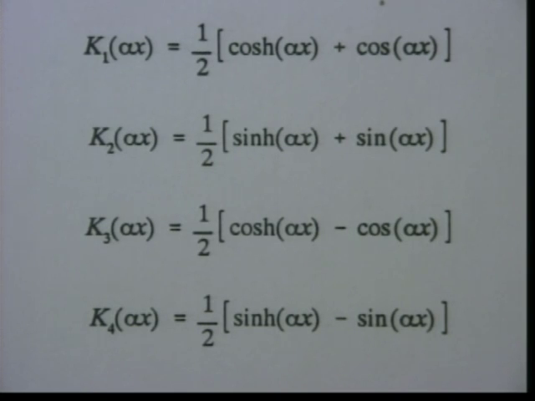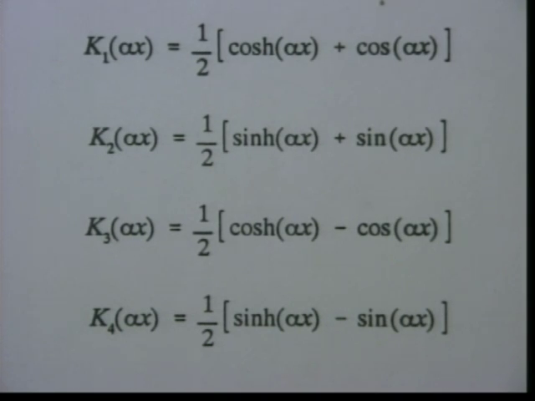I would like also to make combinations of these functions so that we will have hyperbolic cosine plus cosine and it takes 1/2. 1/2 hyperbolic sine plus sine, hyperbolic cosine minus cosine, hyperbolic sine minus sine.